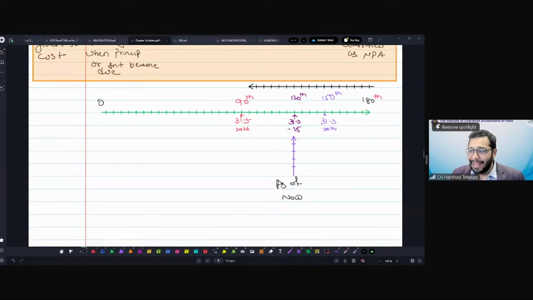I hope you got it now. By the end of 25, the norm is 120, and by the end of March 26, it becomes 90 days. So at 31st March 2026, an asset will be classified as NPA when it crosses the 90-day mark.